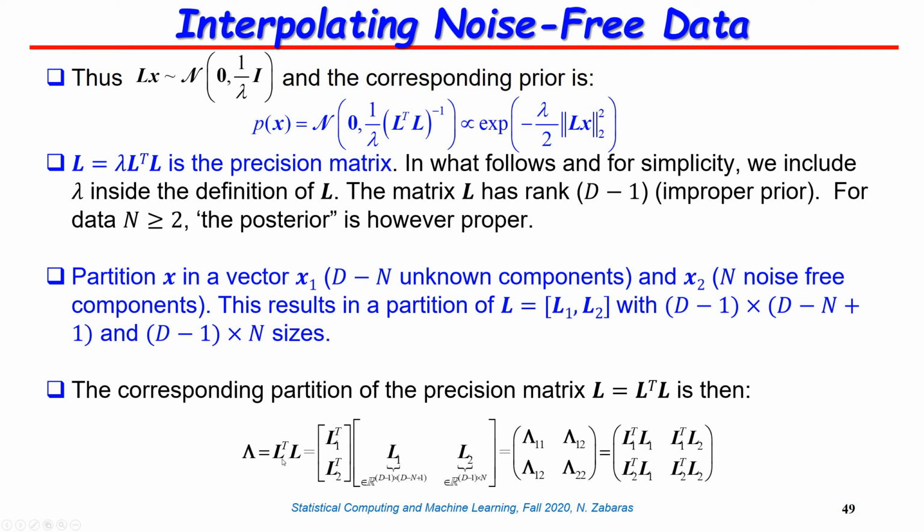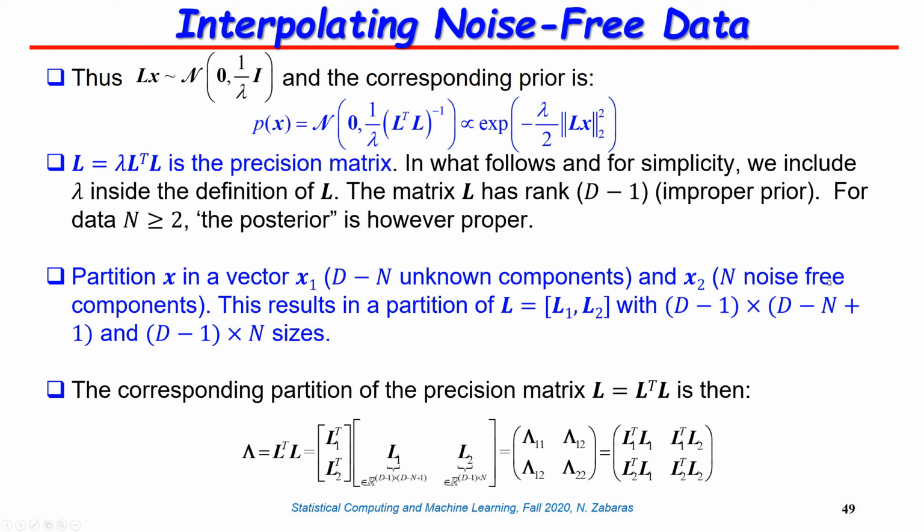So when you form this precision matrix L transpose L and write it in partitioned form, you get a matrix that has these components. And again, what are L1 and L2? This comes from the partition of the vector x into unknown components on the top and the known noise-free components on the bottom.